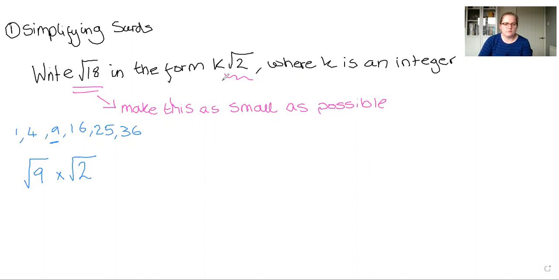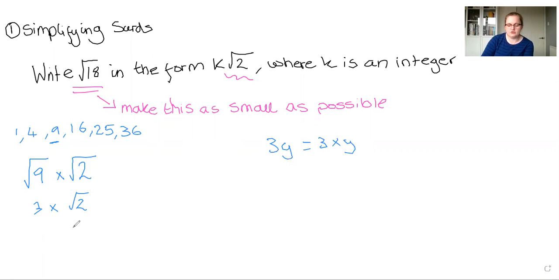Now we want to try and simplify this as much as possible. We can turn root 9 into an integer. The square root of 9 is 3. So we would have 3 multiplied by root 2, which is the same as in algebra, if we wrote 3y, which means the same as 3 times y.